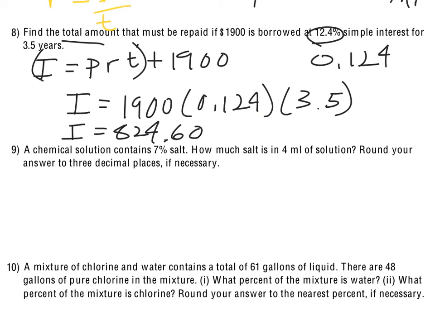So notice that wouldn't really make sense for the question they're asking, the total amount that must be repaid, because that's less than the amount borrowed. So we add in what was borrowed in order to get the total amount that would have to be repaid, and we end up with $2,724.60. And again, I'll just add the 0 in there since it's money.